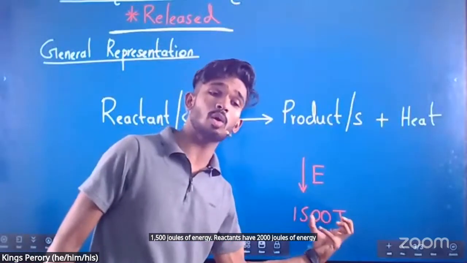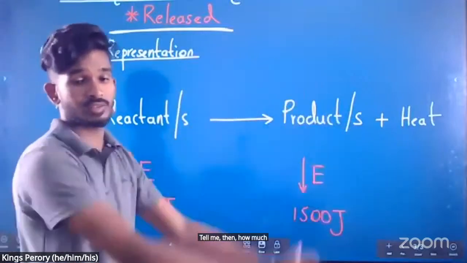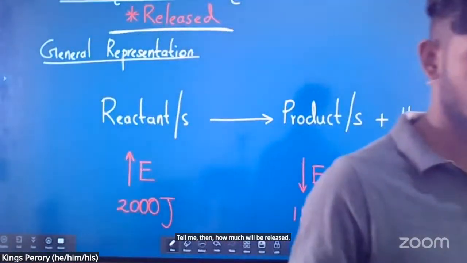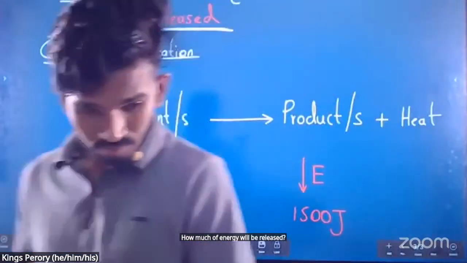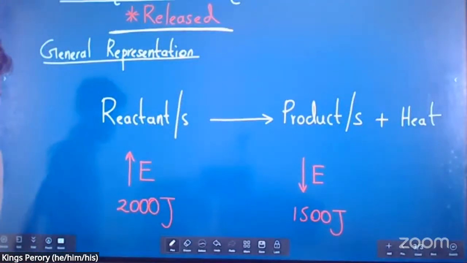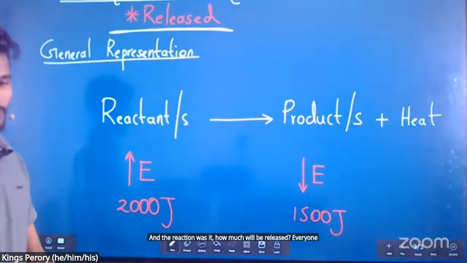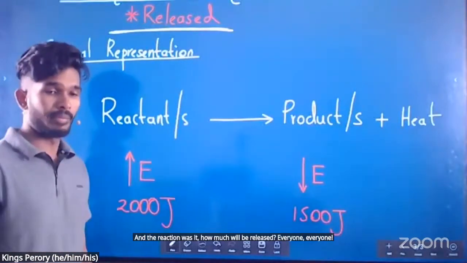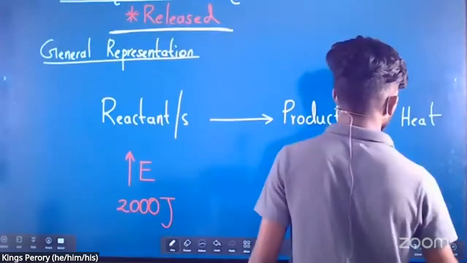Products need only 1500 joules of energy. Tell me then, how much energy will be released as the reaction proceeds? 500 joules will be released.